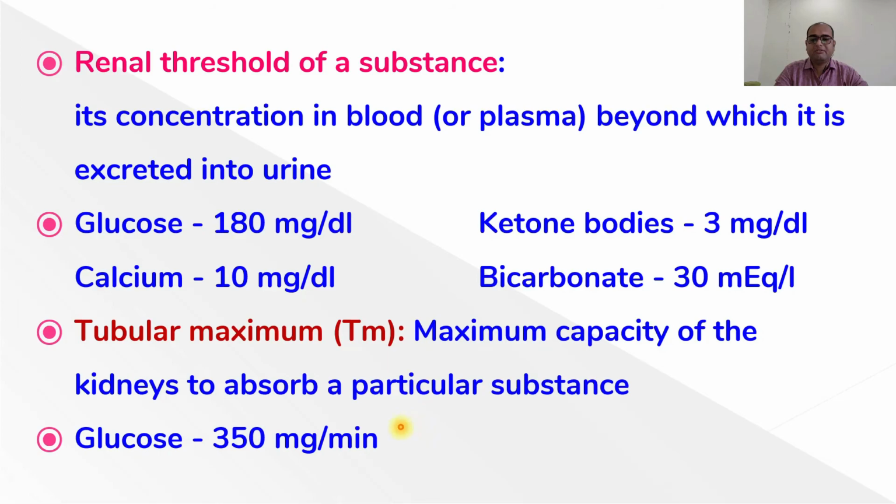That blood will pass more of that substance per minute into the filtration process, and once that is beyond some particular value, it appears in the urine. For glucose, it is around 350 milligram per minute, and that coincides with the renal threshold of glucose, that is 180 milligram per deciliter. For ketone bodies, it will be relative to this value only.